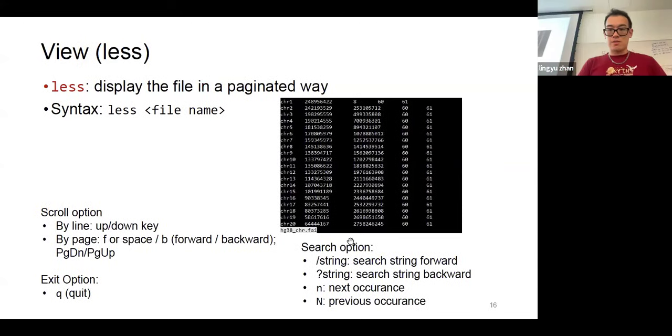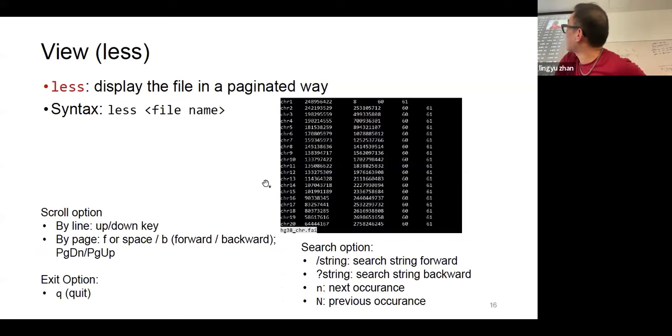If you hit small n, it will go to the next match, and the next match. So you can search that. And if you hit capital N, so basically shift with small n, you can search backwards, through all of the strings that match. You can also use the question mark with the pattern that you search.